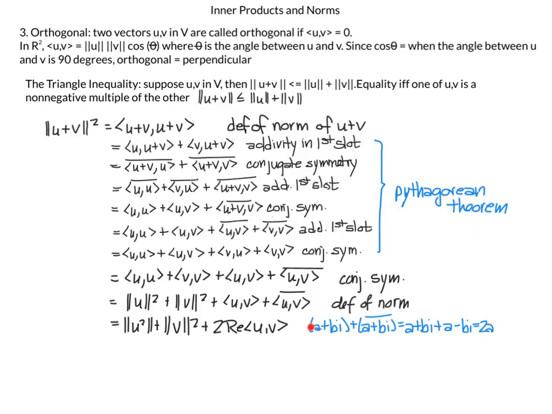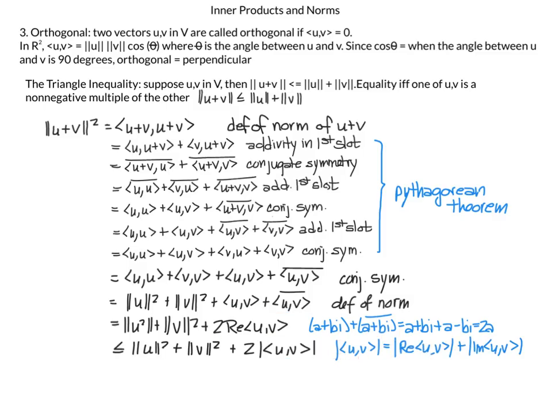So in general, if you have a complex number like a plus bi and add it to its complex conjugate, the bi's are going to go away and you're going to be left with 2a. So over here, these two inner products summed together is going to give us twice the real part of the inner product of u v.